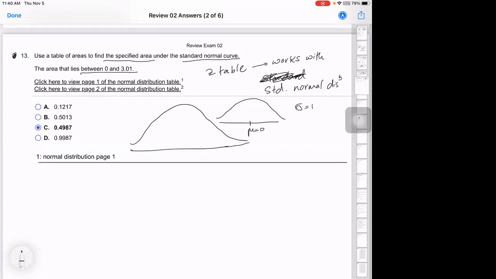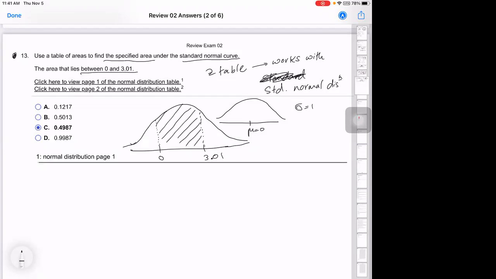So this is the standard normal curve, and this is my 0. You can mark your 0 anywhere, it doesn't matter. And this is my 3.01. So the area is between 0 and 3.01, which means this area.